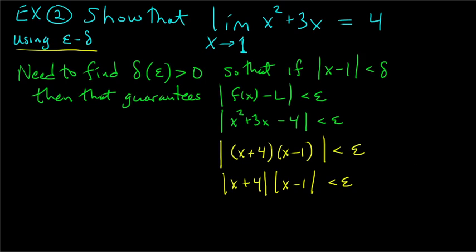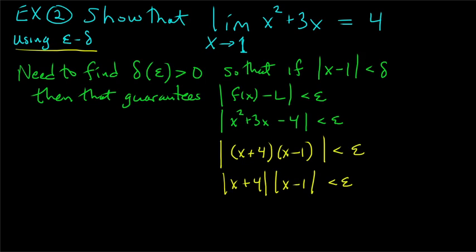Notice that this absolute value of x minus 1 is the thing that should be less than delta. As long as x minus 1 is less than delta, then this whole thing should be less than epsilon. But remember that delta should not depend on x.